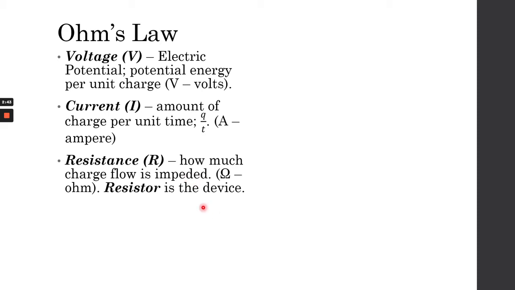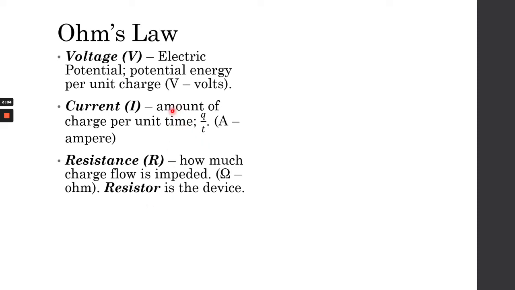And we usually use the unit ohm, which is the symbol right here, to denote resistance. And the device that we use to add resistance to a capacitor, not a capacitor, to a circuit is called a resistor.